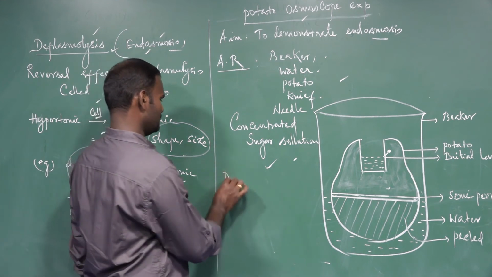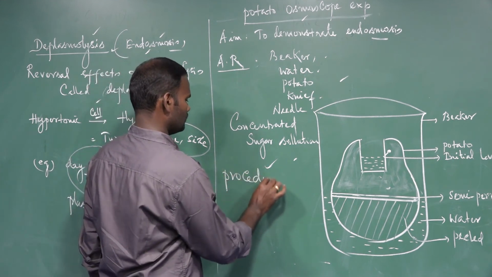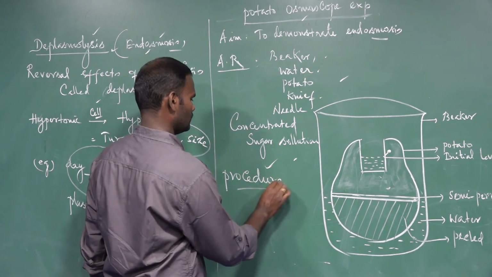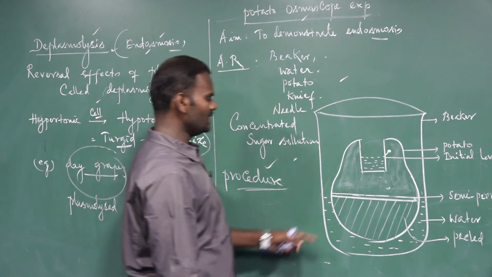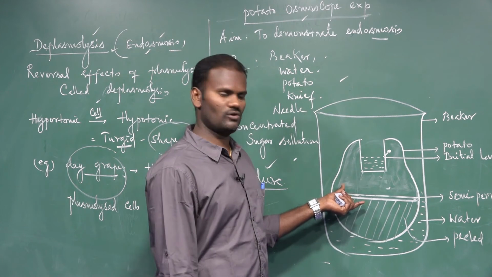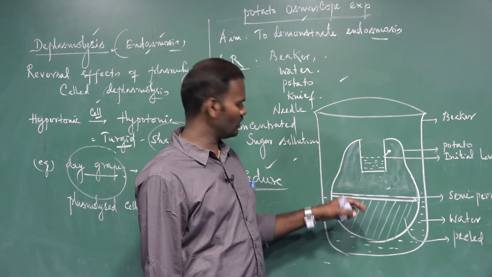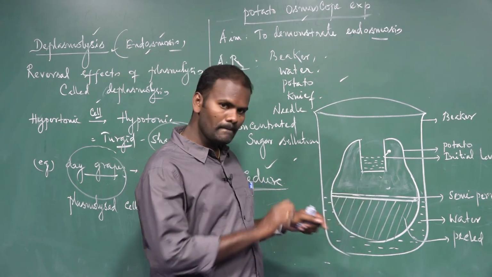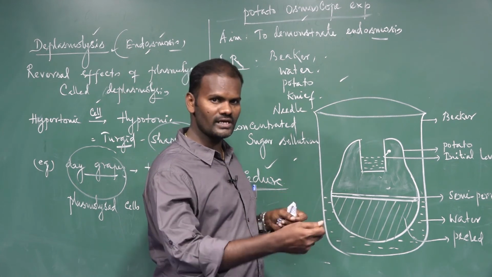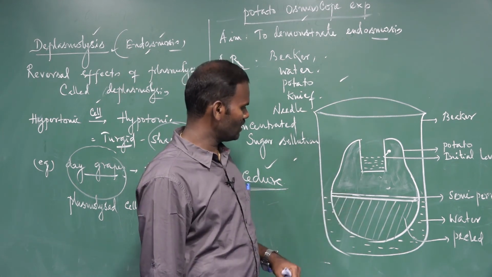So what is the procedure? Take a boiled potato; half of the potato should be peeled off, that is, the skin removed.